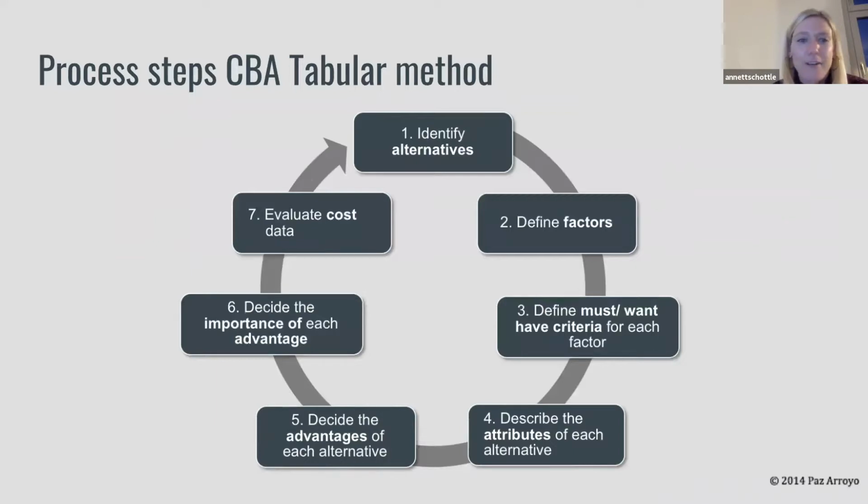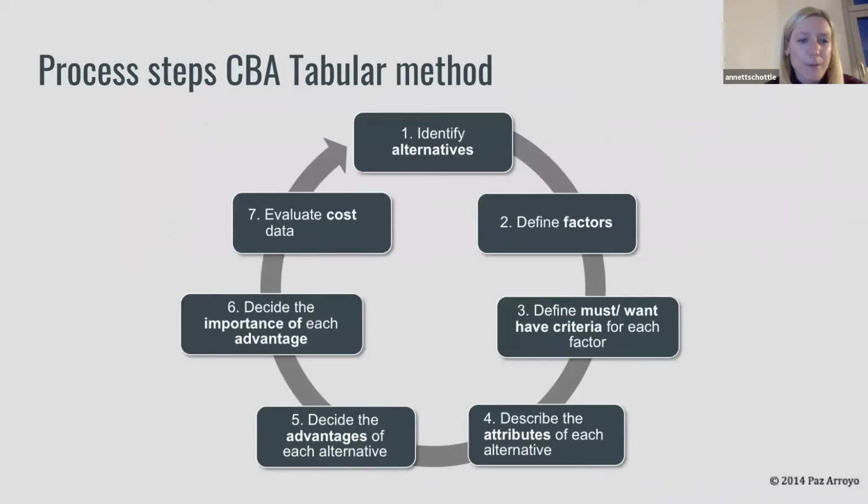It's like a characteristic. And then you decide the advantages of each alternative, comparing each attribute in one factor to the other alternative. Then you have to see what is the most important advantage you like. That would be the paramount advantage.